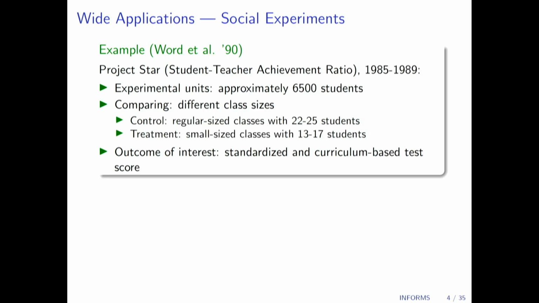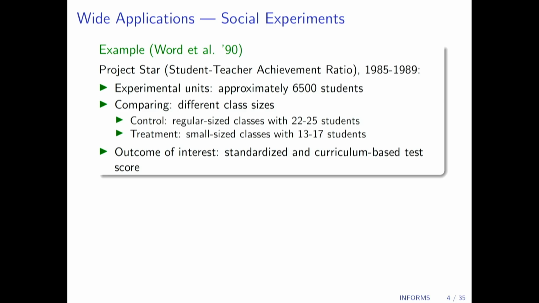And then the fourth application goes back to social and educational experiments, where in this famous experiment conducted in the state of Tennessee, they ran the Project STAR program, which is to understand if reducing the classroom size during the K-12 education period is going to effectively increase the quality of education as measured by test scores.